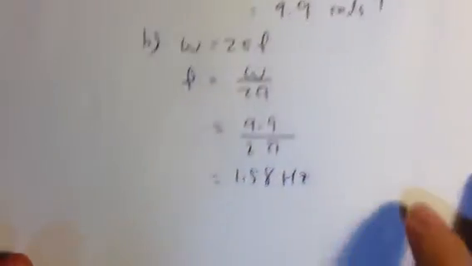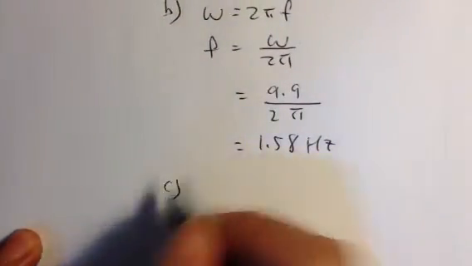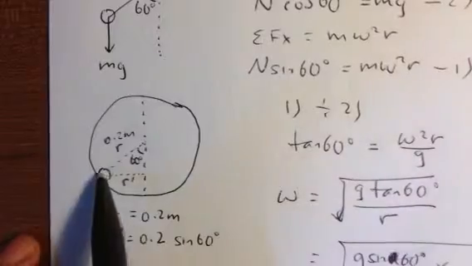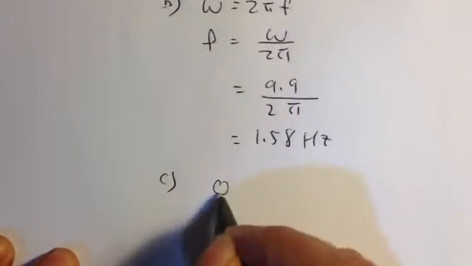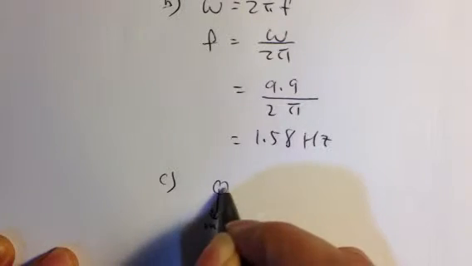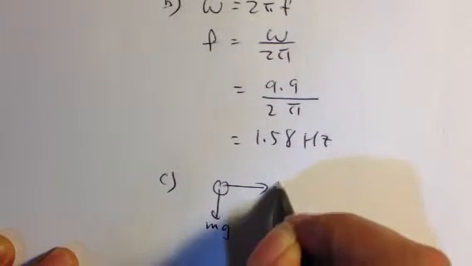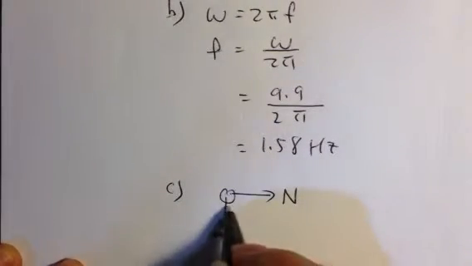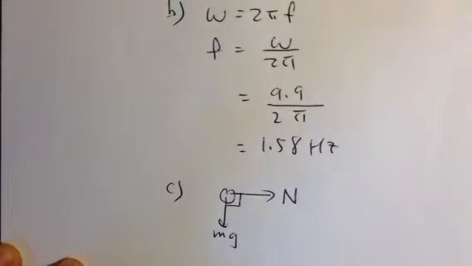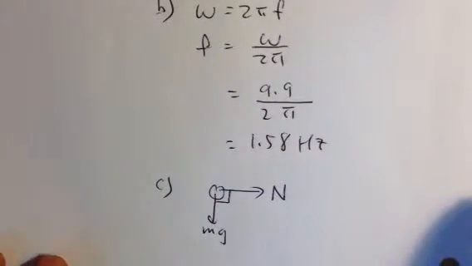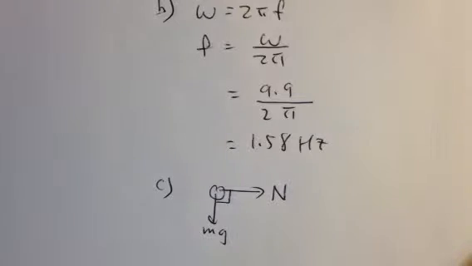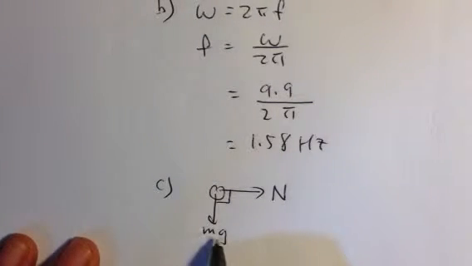In part C, they ask whether this bead can go all the way up. If it goes all the way up, wouldn't the free body diagram look like this? This is your normal reaction force, at 90 degrees. It is not possible, because you cannot maintain the vertical equilibrium.